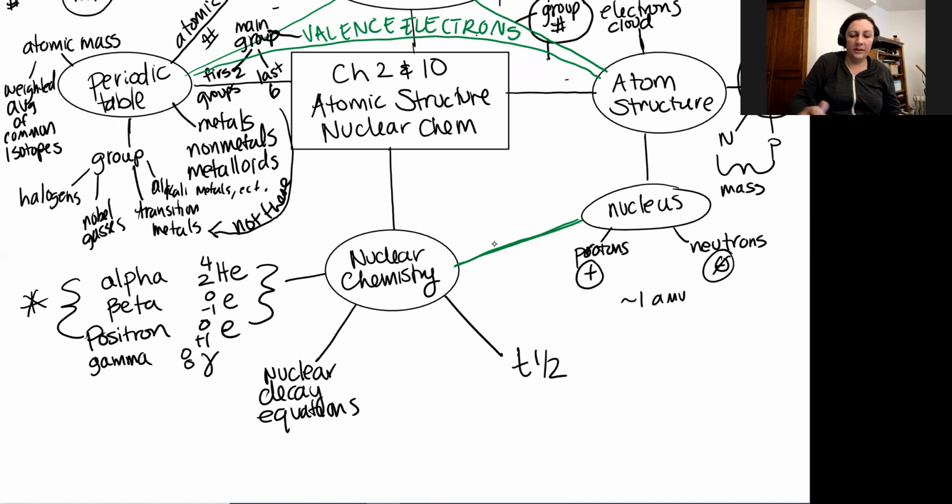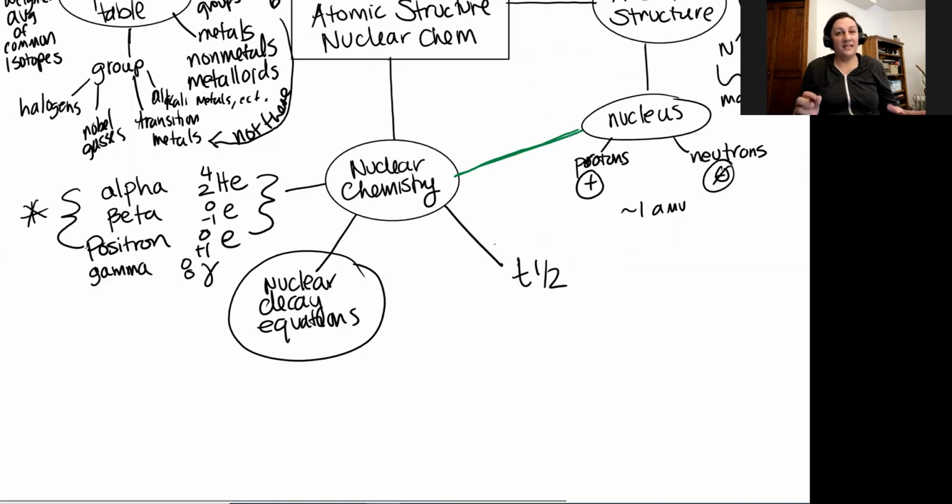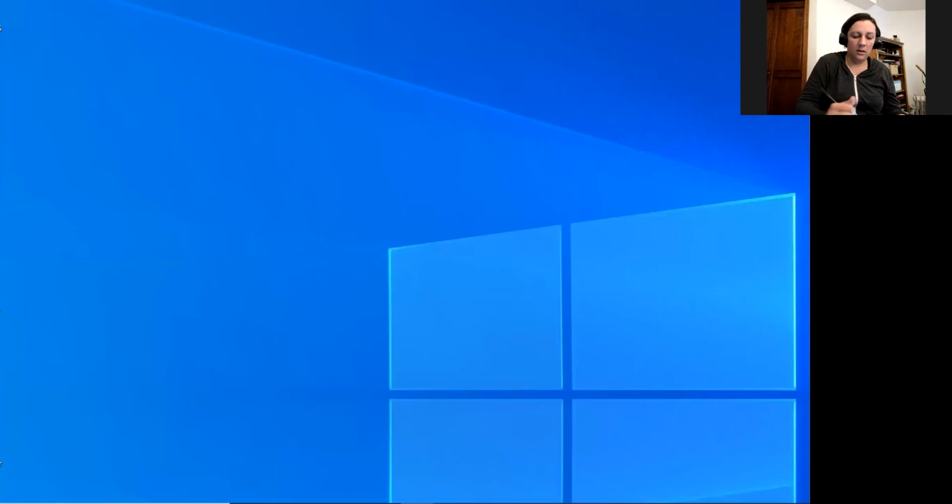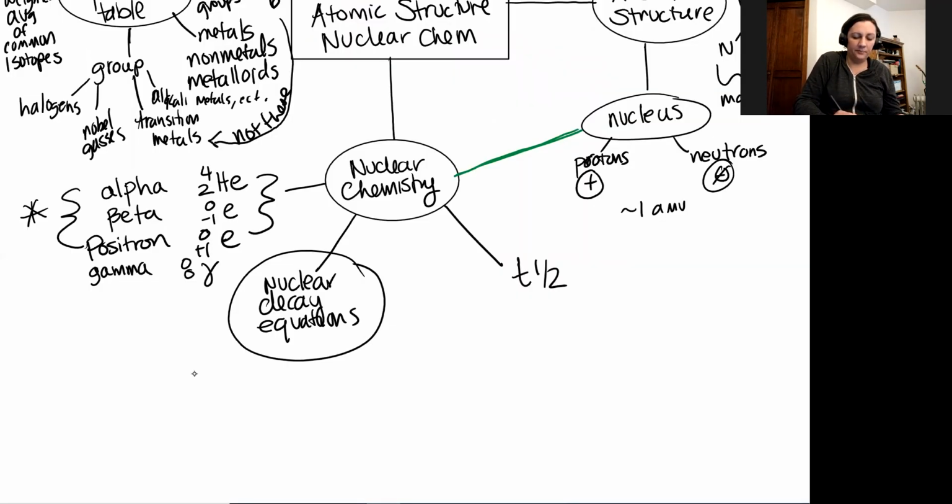So with our nuclear decay equations, we're always going to have the same format. We're going to have an isotope decaying to a new isotope plus a radioactive particle. So we always have one thing on the left side, two things on the right side, and an arrow that separates them.